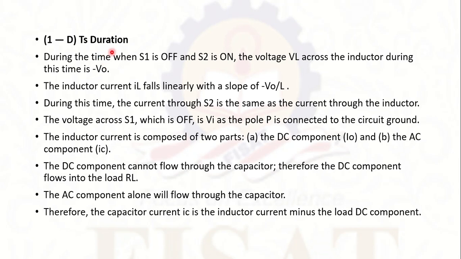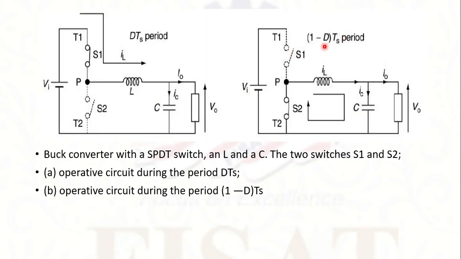During 1 minus D into TS time, when S1 is off and S2 is on, the voltage VL across the inductor during this time is minus VO. The voltage across the inductor cannot change instantaneously, but it will start decreasing.